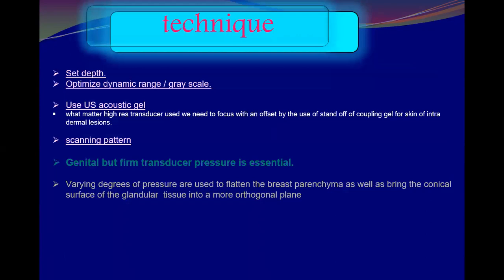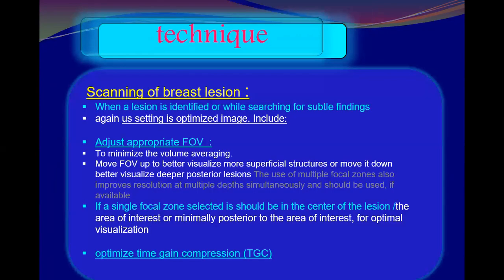This is general. When we identify lesions, then we need again to readjust the ultrasound system. We have to adjust an appropriate field of view for the lesions. From the beginning, we adjust the ultrasound machine and the field of view to look throughout the breast.